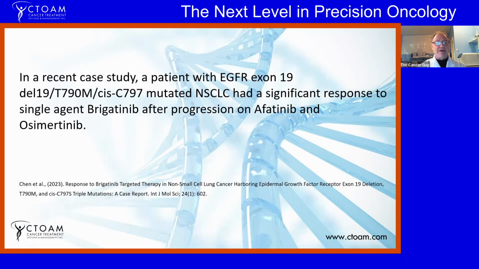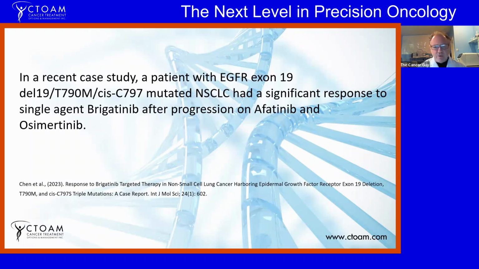And the patient had a significant response to single agent brigatinib after progressing on both afatinib, which is an earlier generation EGFR inhibitor, and osimertinib, which is a third generation. So, they gave this patient afatinib. It probably worked for a while on a certain percentage of the cells. And then they gave the person osimertinib. I think they gave actually osimertinib first.